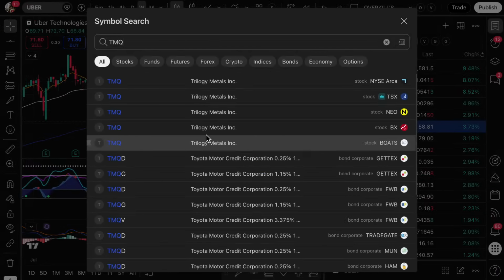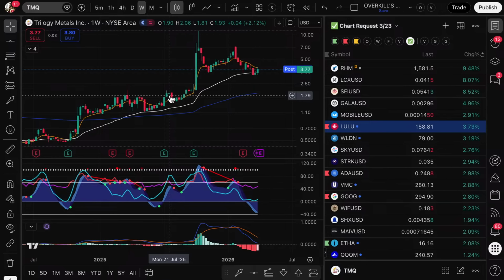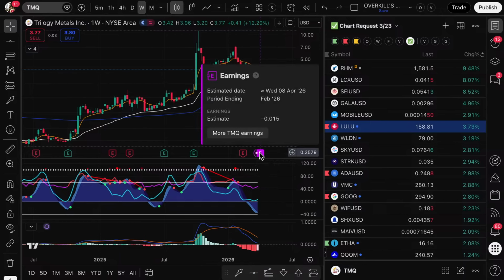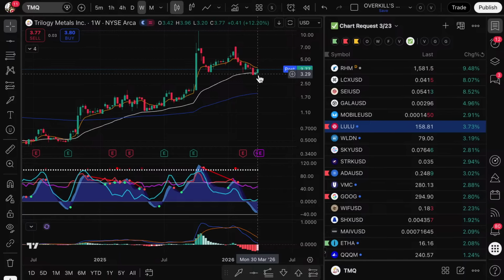I see another request here for TMQ. This one doesn't have the weekly yet, but it's trying to find a bottom here at $3. So it's bouncing on the yearly average. I mean, it looks decent. They got earnings coming up, so I just watch for the signal there. But it is trying to make a bottom here at around 3.20.